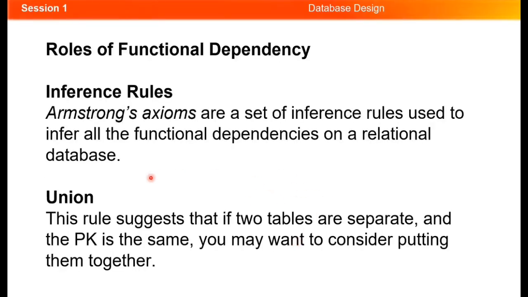And inference rules. Armstrong's axioms are a set of inference rules used to infer all the functional dependencies on a relational database. A union, this rule suggests that if two tables are separate and the primary key is the same, you can merge the tables, you can put them together. Now, sometimes that's a good practice, certainly sounds like a good practice.